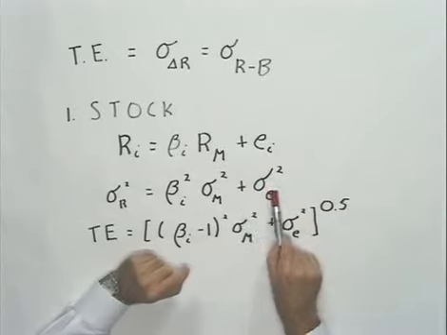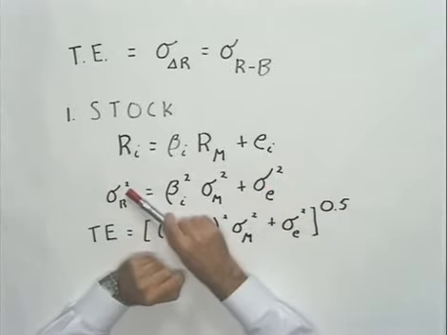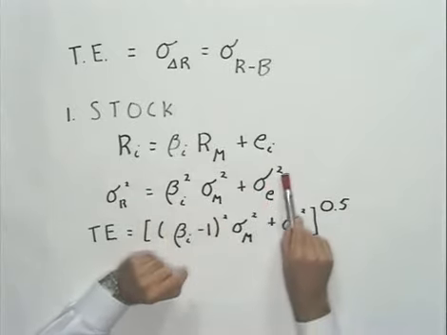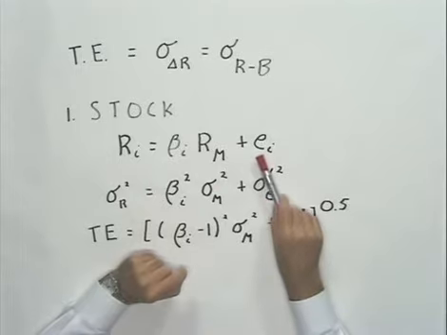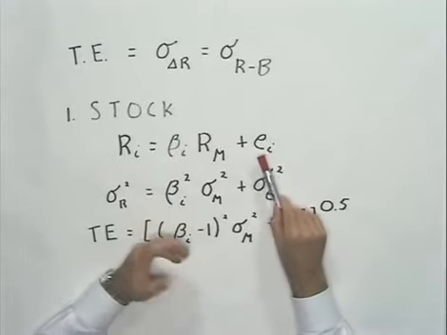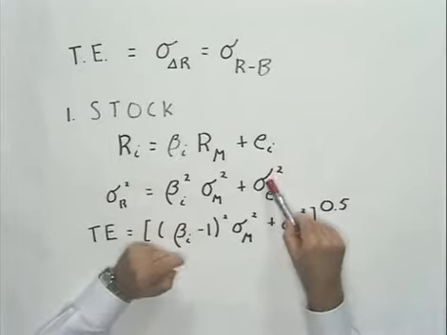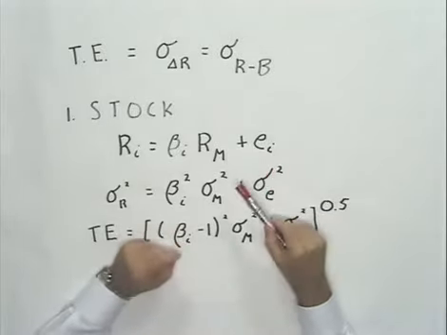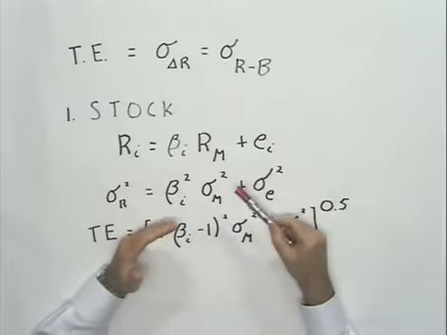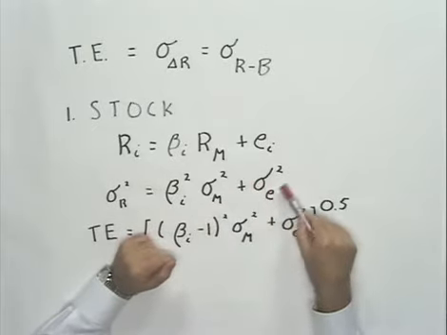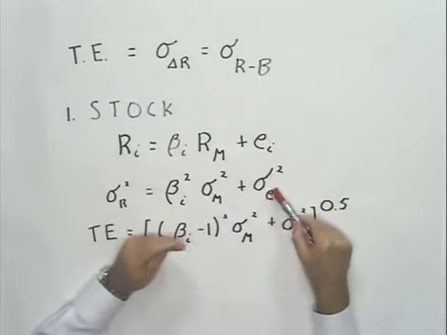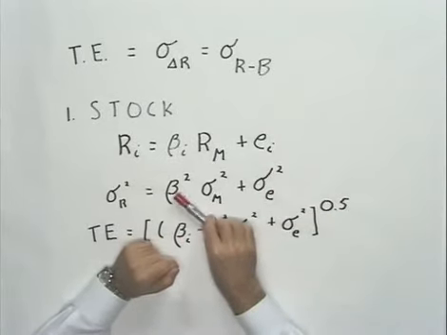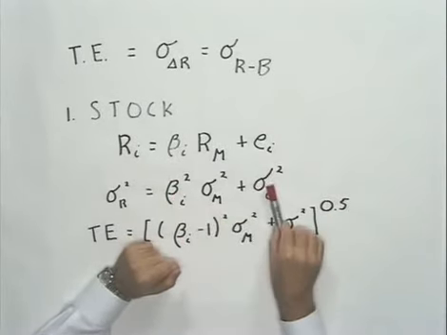And the second term in the variance of return is based on the variance of the error term. That's the non-systematic part, or the part of return that in a well-diversified portfolio, for example, at the limit the market, that part of the variance is going to be zero. So we have a systematic part to the variance and a non-systematic part.